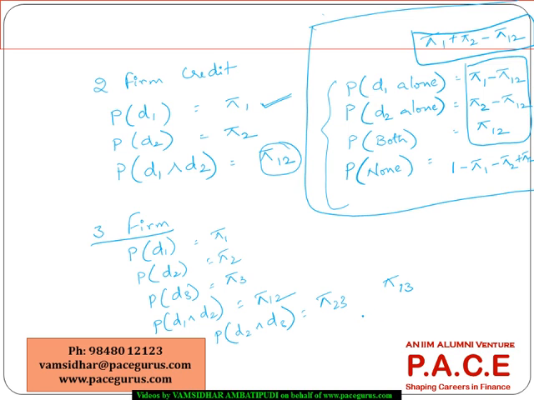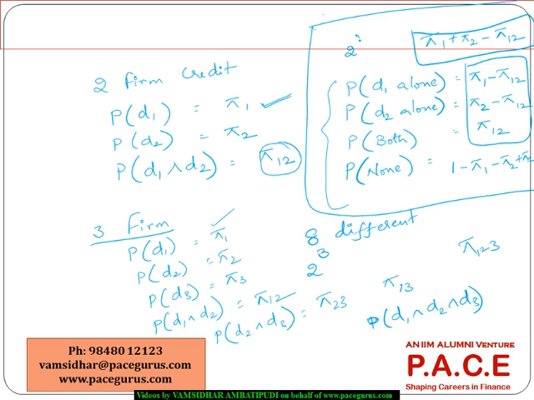Then similarly, I'm talking about all three firms defaulting. Probability of D1 and D2 and D3, pi 123. And now if I want to talk about probability of D1 alone, D2 alone, now there is a huge effort that is going in, and overall we will end up finding out 8 different probabilities, which is nothing but 2 cube.